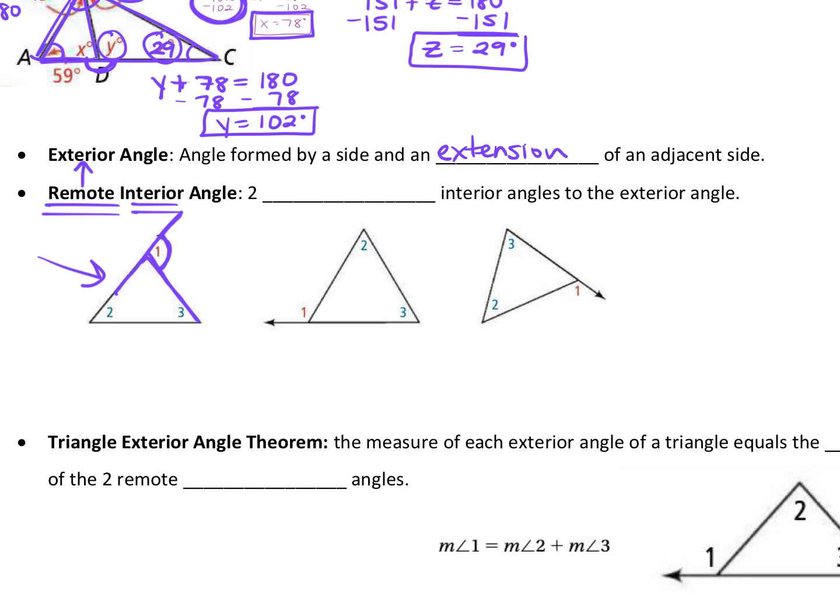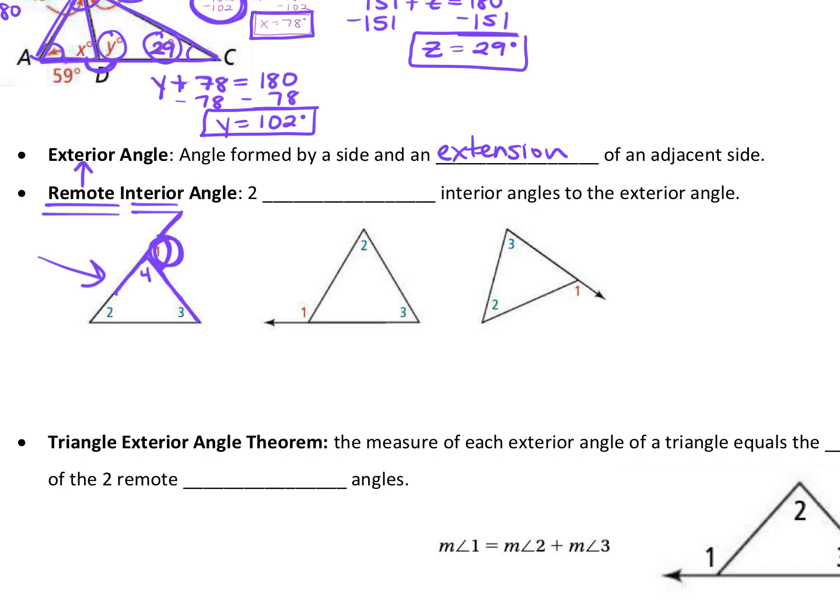So for instance, if this is my exterior, I have 3 interior angles. Do you see them? 2, 3, and 4 are all interior angles, but the remote interiors are the ones that are not next to the angle we're talking about, the ones that are farther away.